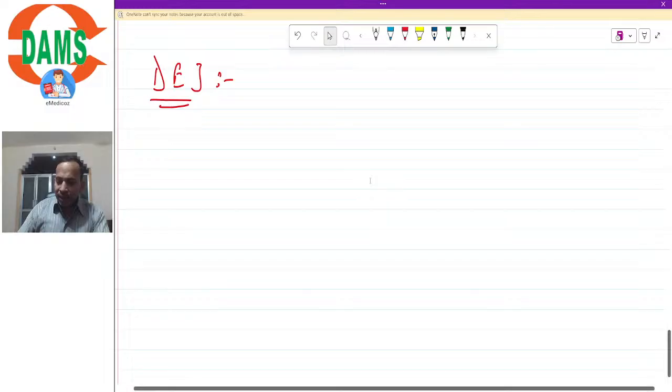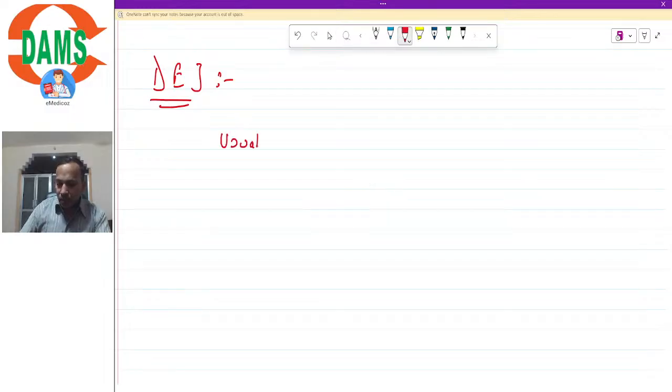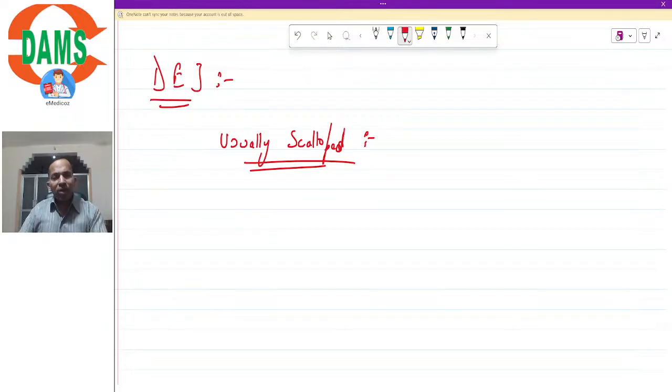So we know that the DEJ is usually scalloped, isn't it? That is what we have studied. So do you think it would be scalloped in both primary and permanent? And the answer is no.